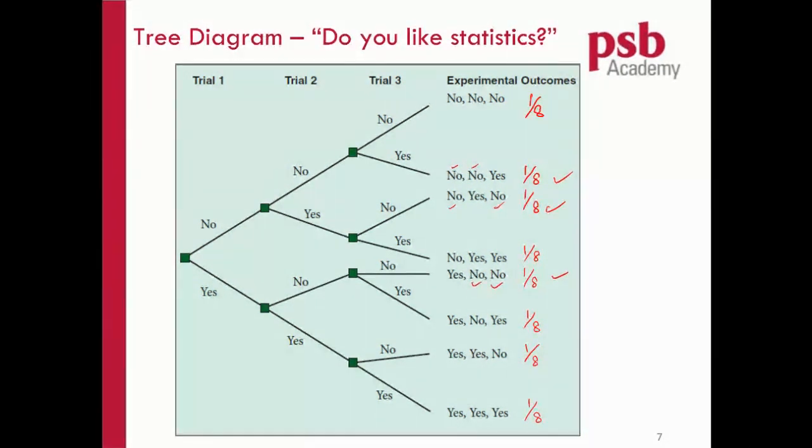Some more? No more. Right, how many of them? Total will be 3 out of 8. 1, 2, 3. Okay, 3 out of 8. You will have a 3 out of 8 chance that when you ask 3 students whether they like statistics, 2 of them say no. Okay?